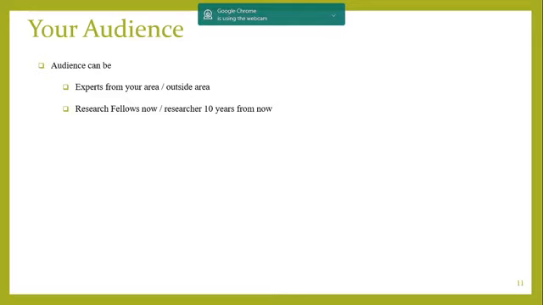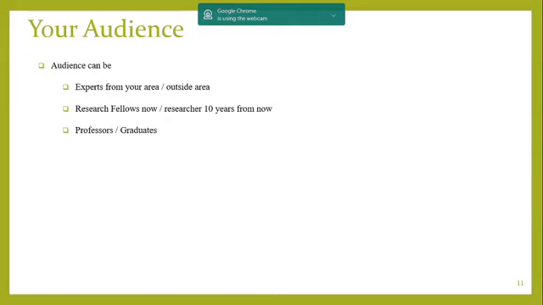Suppose you are writing a research paper today and it is getting published today, your paper should live at least 10 years from now. Till 2030, researchers should refer to your paper. So write a paper in such a way, on such topics, that the research article lives 10 years from now.